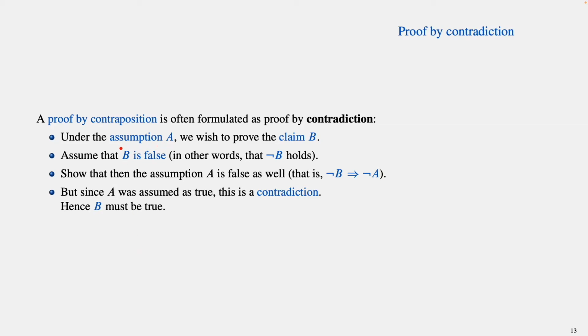Okay, so we assume something, we assume A, want to prove claim B. What we do is we assume that B is false, and then we show that A must be false as well. So we use the contraposition. But since we made the assumption that A is true to begin with, we derive a contradiction, and that means B must be true.